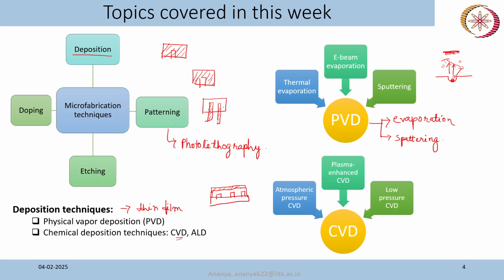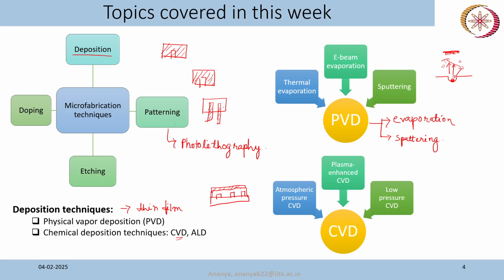In low pressure CVD, we do this deposition at a lower pressure. It will not be as good a vacuum as we use in physical vapor deposition techniques, but it will be at a lower pressure so that the uniformity of our film is good and there is no contamination. It will give us a better film at low pressure.